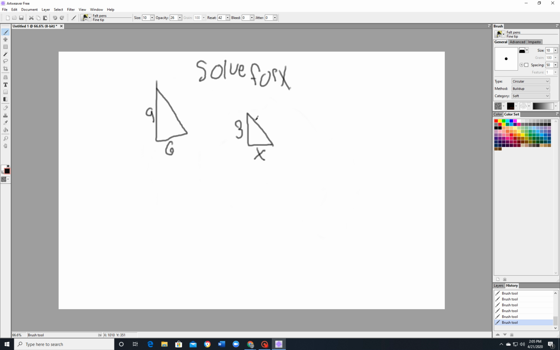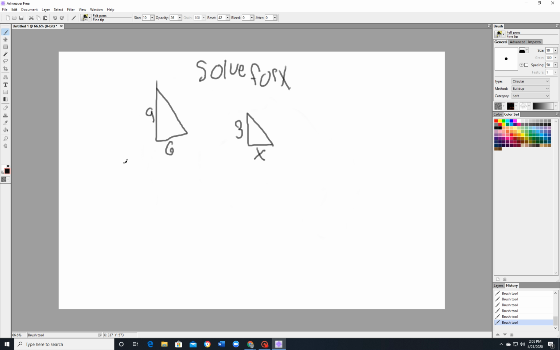And while solving for x, you need to look at the two numbers that are on the same side. So that would be this 3 and this 9. With the 9 and the 3, you find how many times 3 goes into 9. In this case, it would be 3 times.